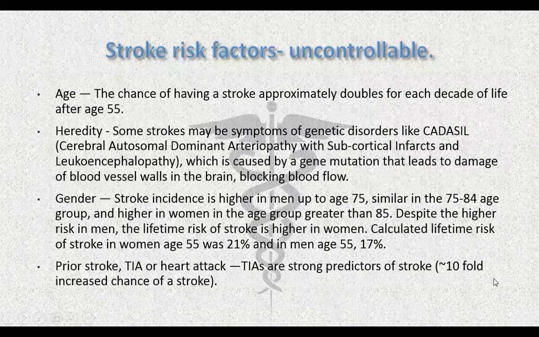One of the biggest risk factors for stroke, other than having one of these genetically predisposing disorders, is having a TIA, a heart attack, or a prior stroke. All of these increase the risk of having a stroke by about tenfold. And in many cases, patients will have a TIA before they have a full stroke.